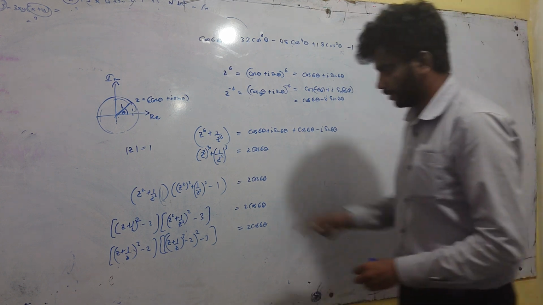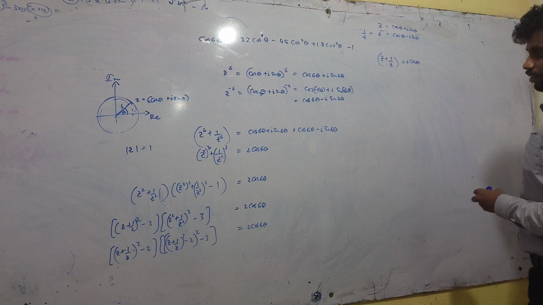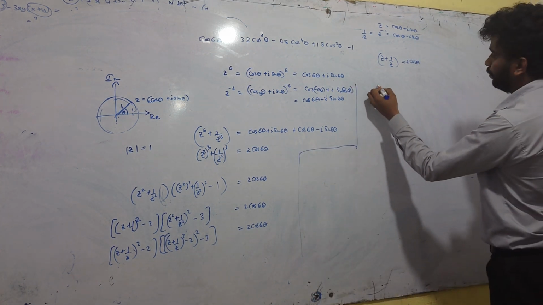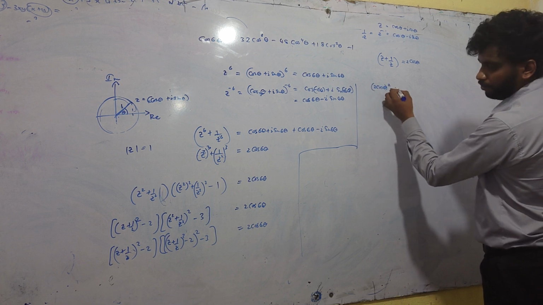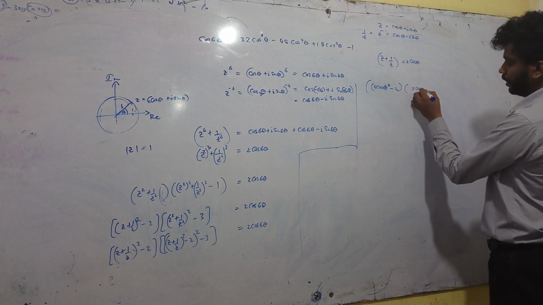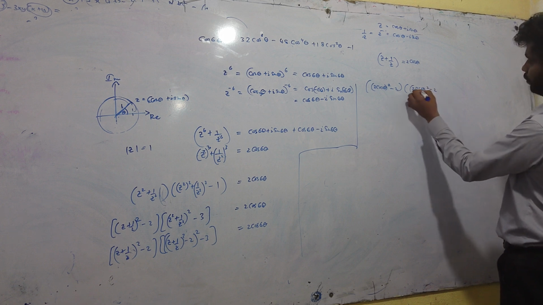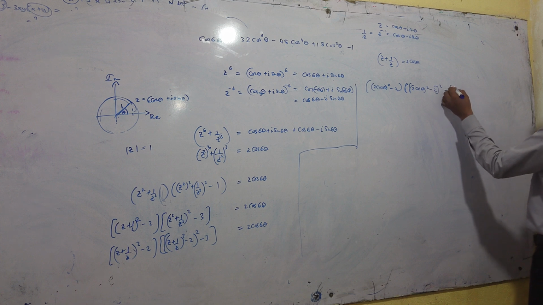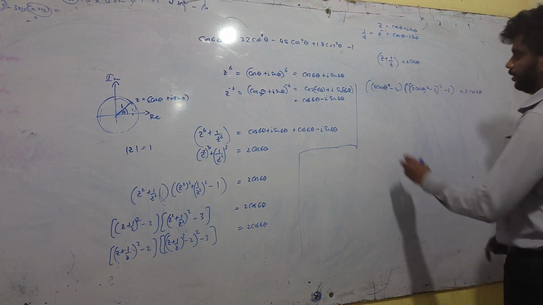You can substitute. Then on the left hand side, when you substitute, 2 cosine theta squared minus 2, this is 2 cosine theta squared minus 2 to the power 2, right? Minus 3 equals 2 cos 6 theta, right?